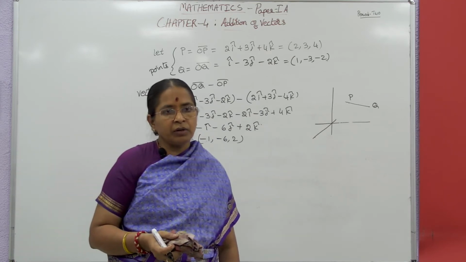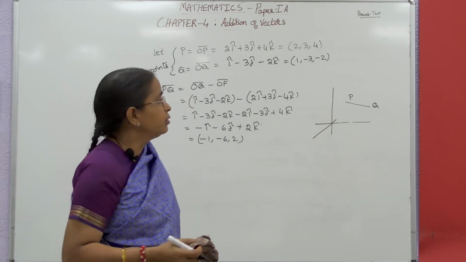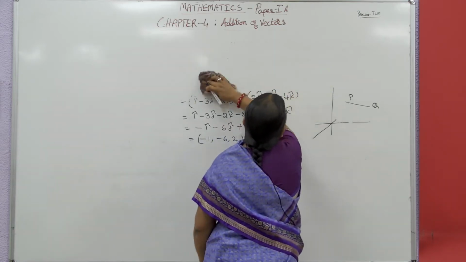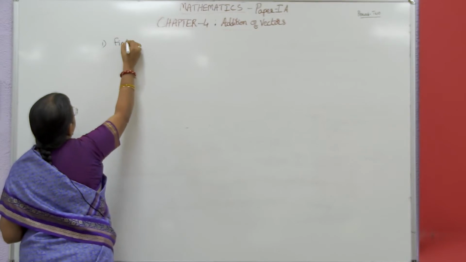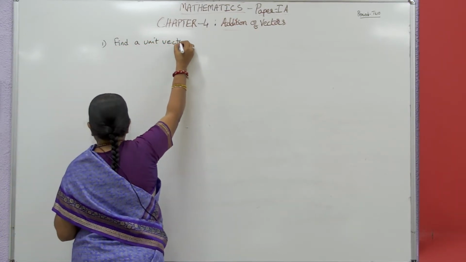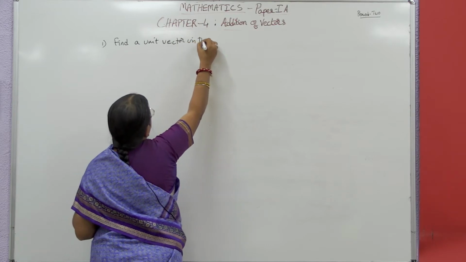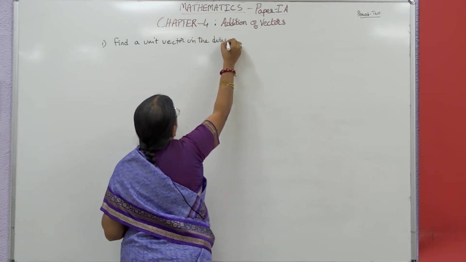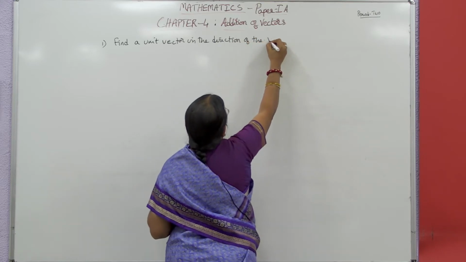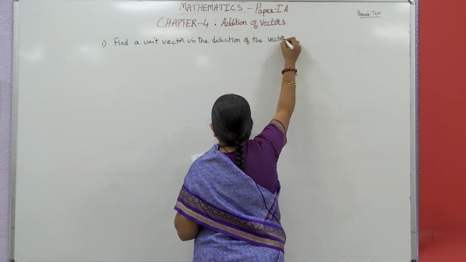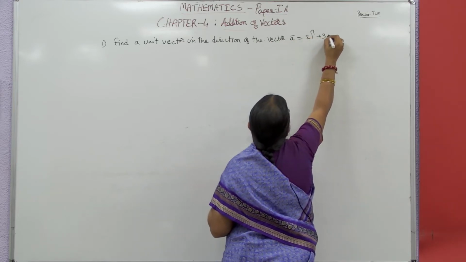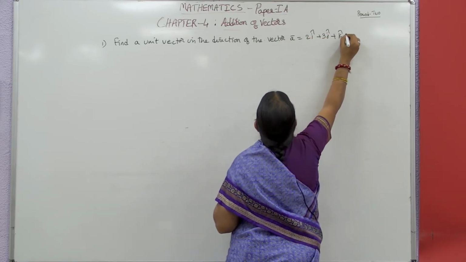Okay, next, with this, all about 15-20 problems. So we'll do the problems. Find a unit vector in the direction of the vector A is equal to 2i plus 3j plus k.